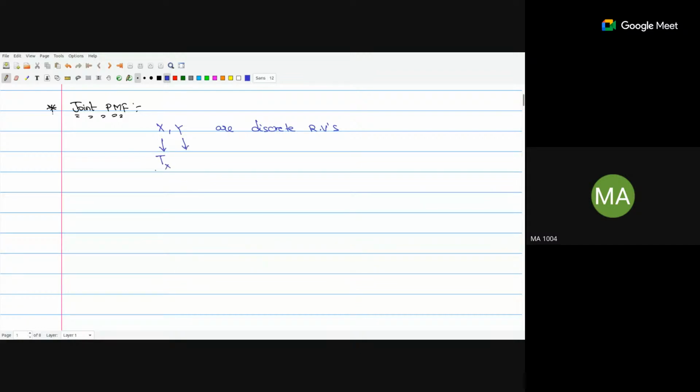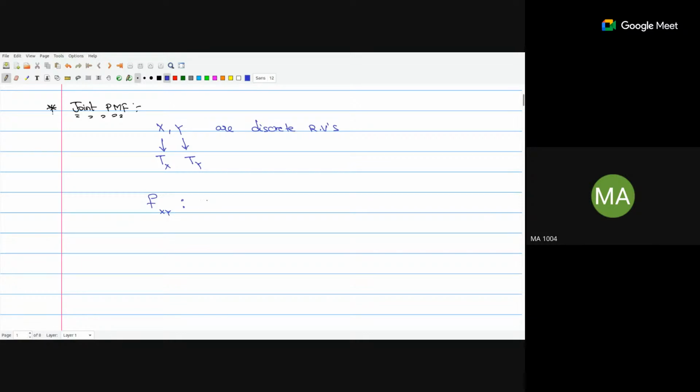Let's say Tx is the range of the random variable x, and Ty is the range of the random variable y. Now this joint PMF is again a probability mass function, so it is like a function with an input and output. It is denoted fxy, the function that represents the joint PMF.